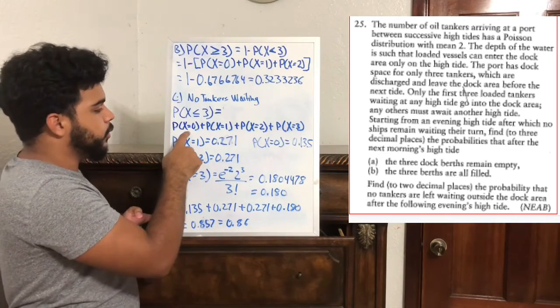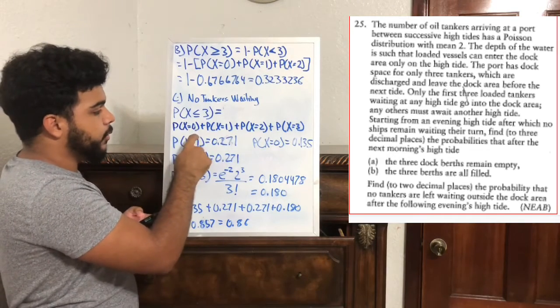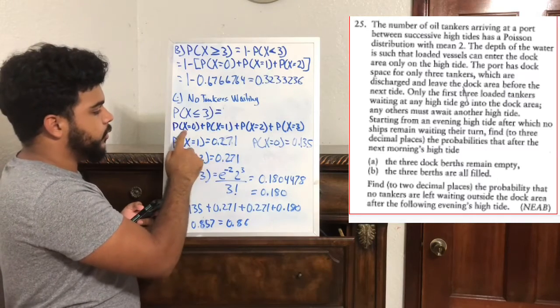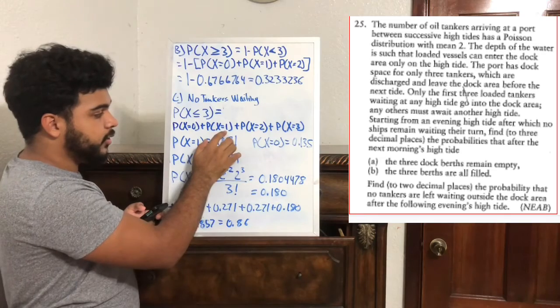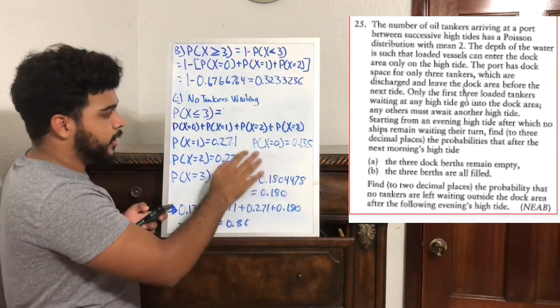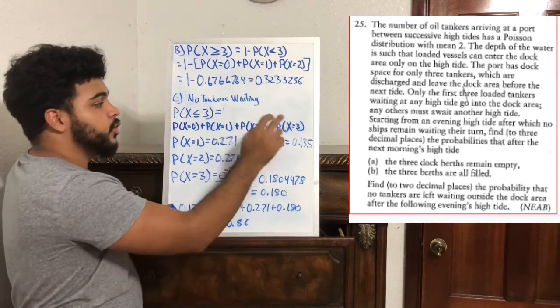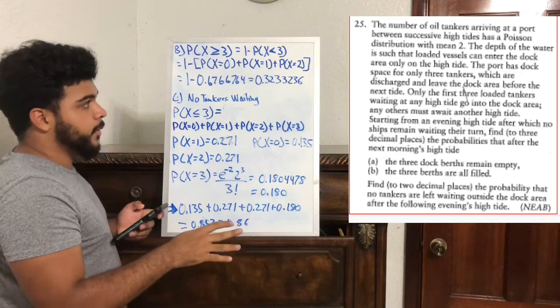So we will deal with these cases right here: 0, 1, 2, and 3. So 0 is no tankers, no tankers are waiting. 1 tanker is inside the dock, no tankers are waiting. 2 tankers inside the dock, no tankers are waiting. 3 tankers are in the dock, no tankers are waiting, right?